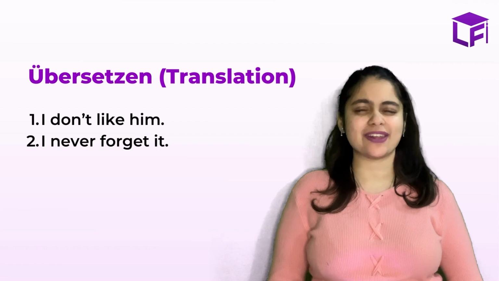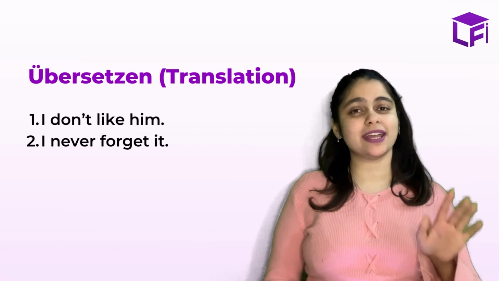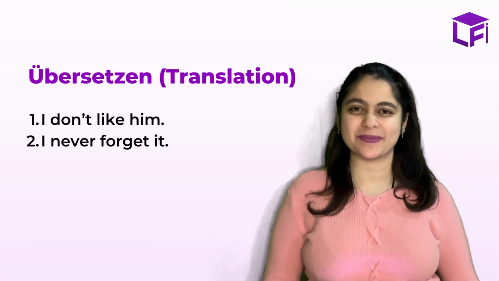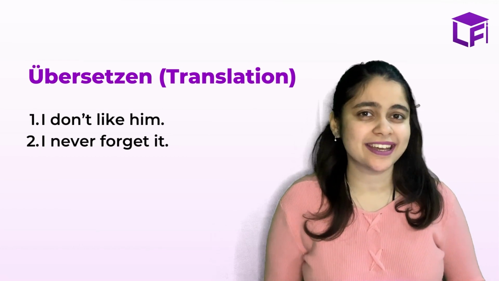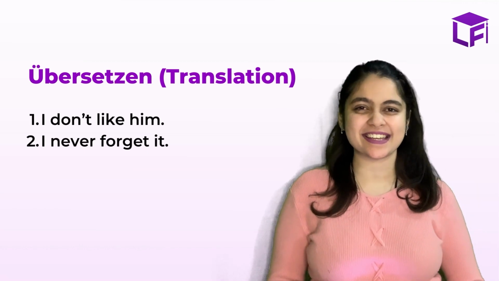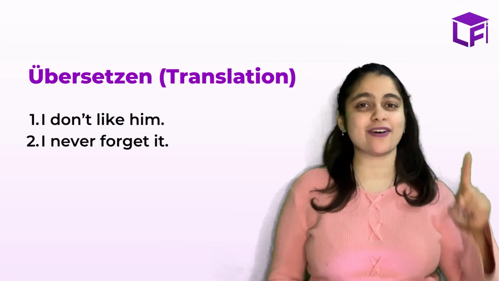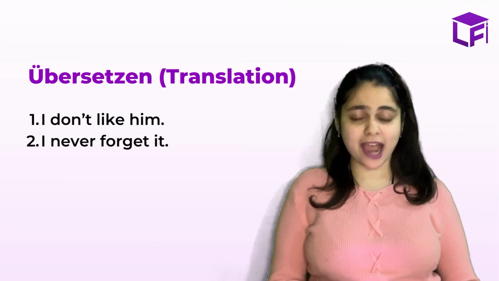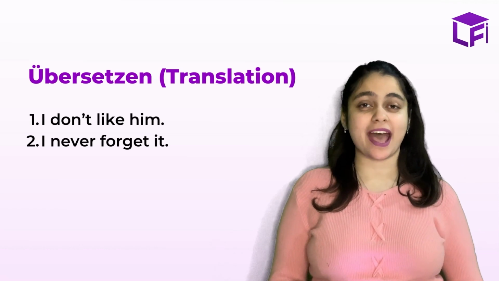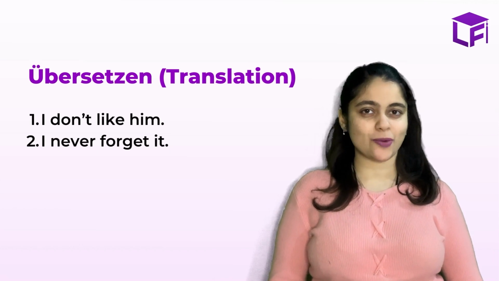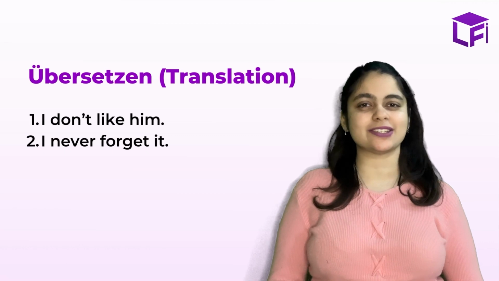So you'll have to think a bit, but don't worry, I'll be giving you 10 seconds to think of the answer. Are you ready? Let's get on with it, guys. So, here comes the first question for you. I don't like him. How will you say that in German? You have 10 seconds to think of the answer.